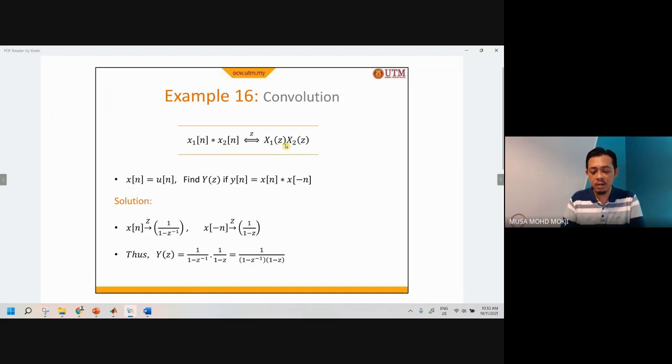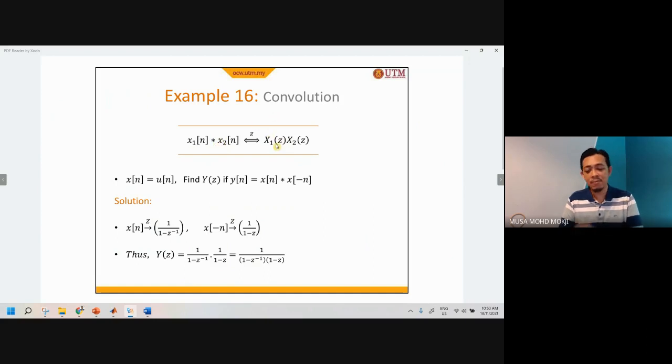This is one of the purposes why we do the Z transform, because doing convolution is actually not as easy as doing multiplication, the maths. When we do the design, when we do a solution, doing multiplication is much easier than convolution.